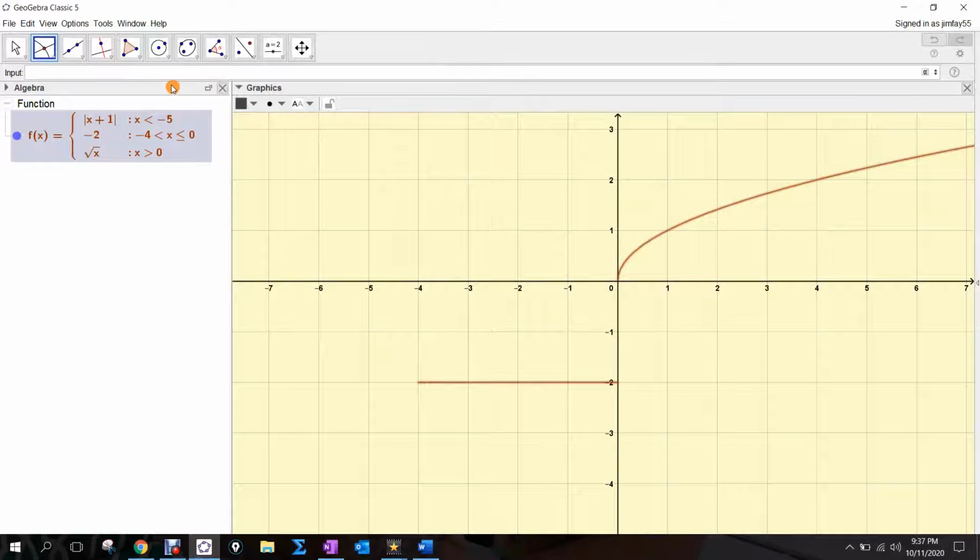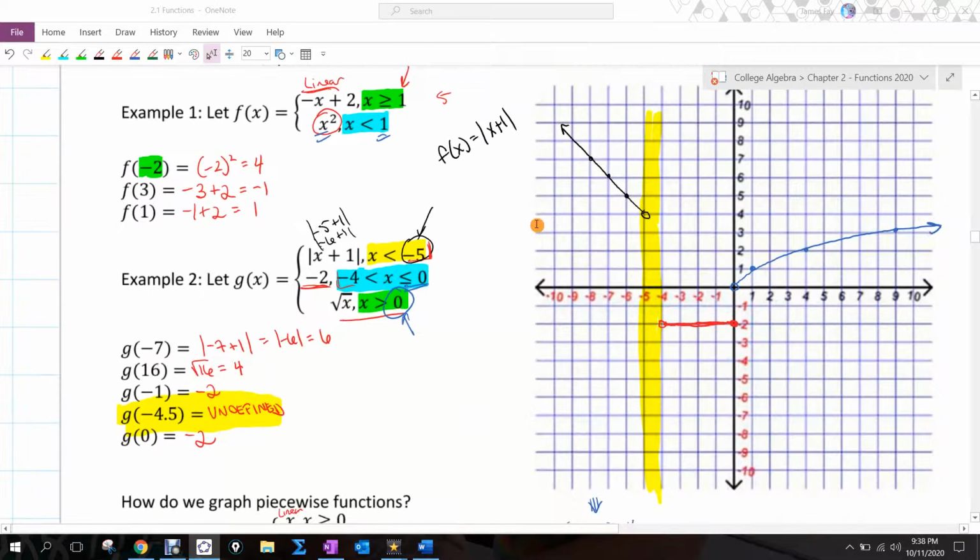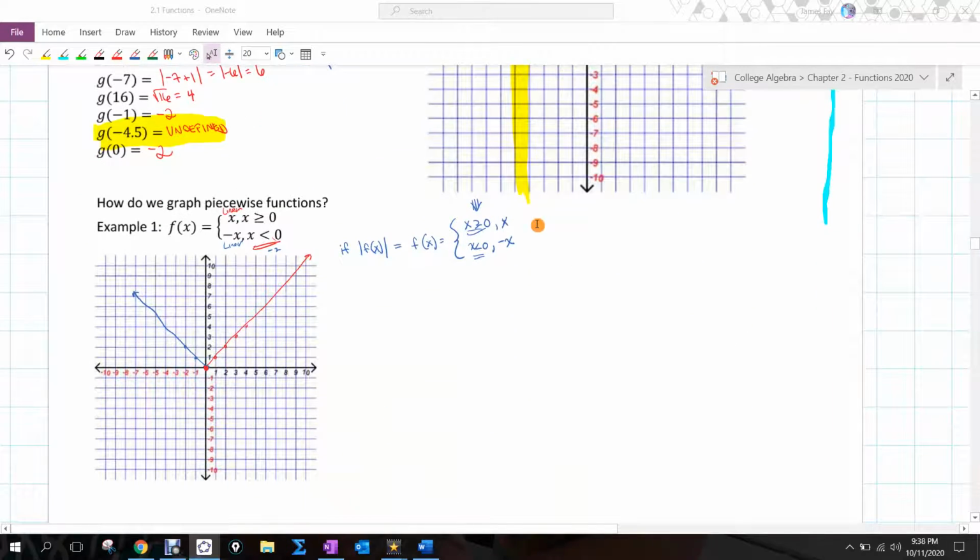But I can evaluate this now. I can say, what is f of 0? Give me back -2. So it reminds me of f of 0. Well, it's filled in here, and it must be open there. That's kind of how you do that in GeoGebra. The way you type it in is kind of backwards from the way you would normally write it.